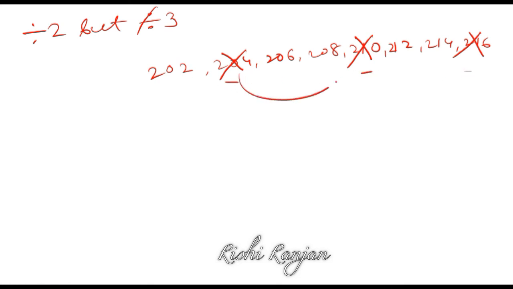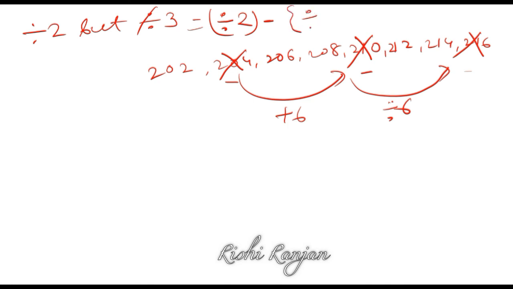Now what are these numbers actually? These numbers are the numbers which are divisible by 6. So when they're asking numbers divisible by 2 but not divisible by 3, we actually have to find the numbers divisible by 2 minus the numbers which are divisible by the LCM of 2 and 3, both of them.